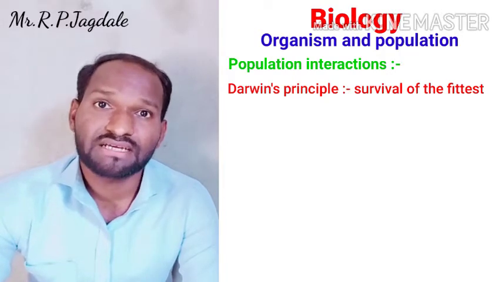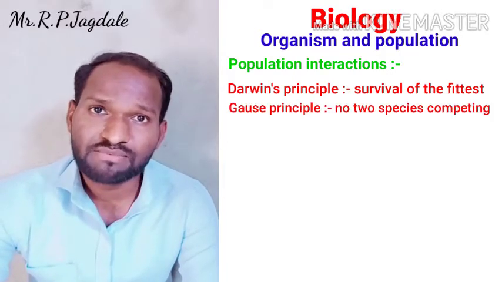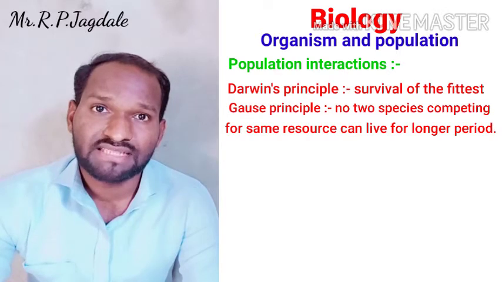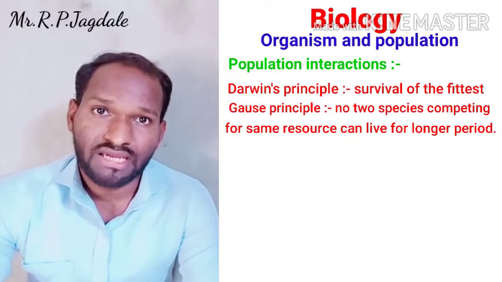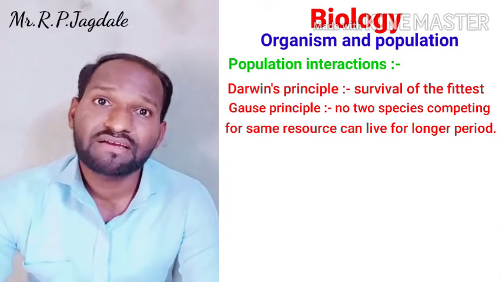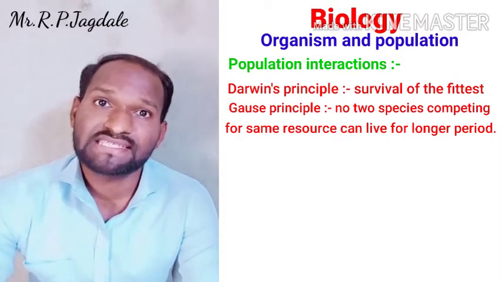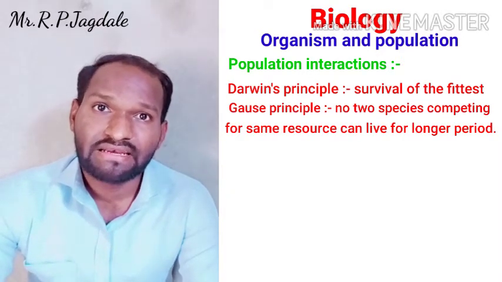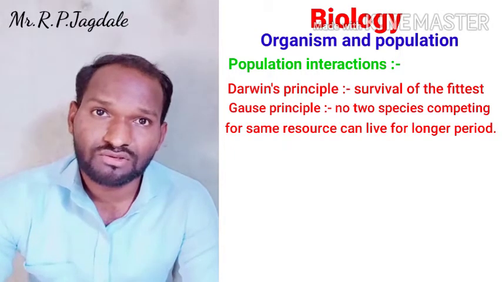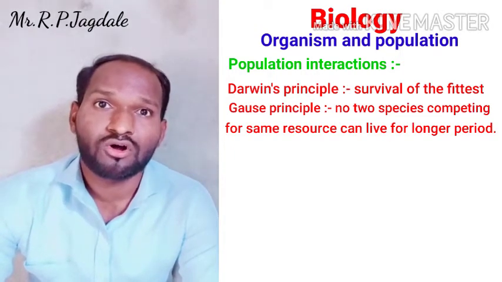Now coming to the second, Gauss's principle. Gauss's principle is that two organisms competing with each other for the same resources cannot live together for a longer period.